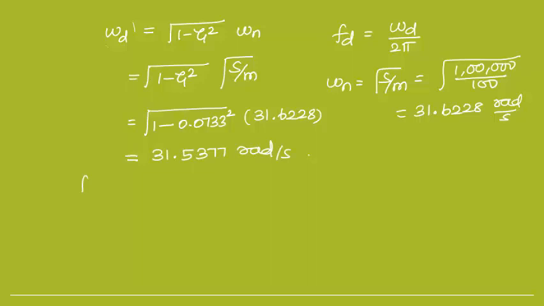Now we can calculate the value of fd as omega d by 2 pi, so 31.5377 divided by 2 pi, that is 5.0194 hertz. Now we can calculate the time period for one oscillation under damped vibrating condition as 1 by fd, that is 1 by 5.0194.